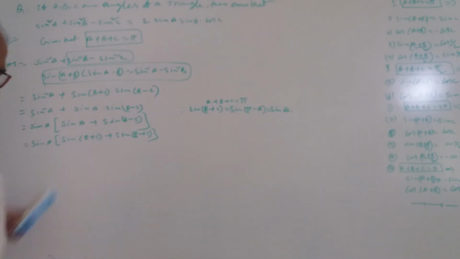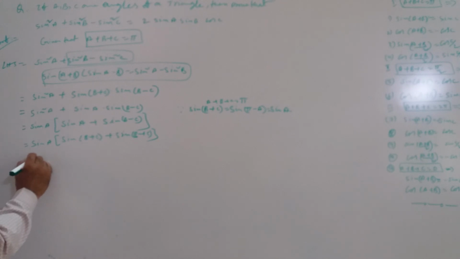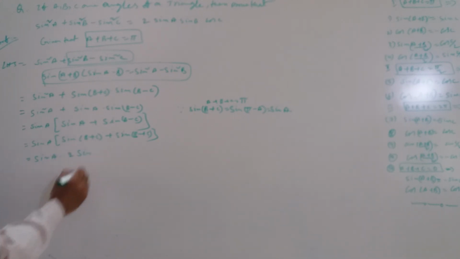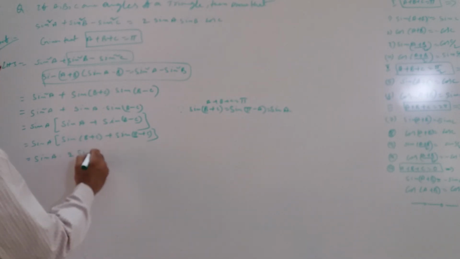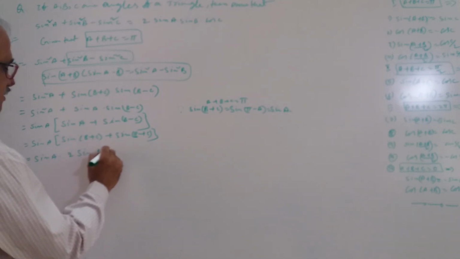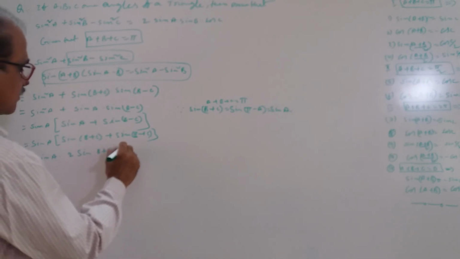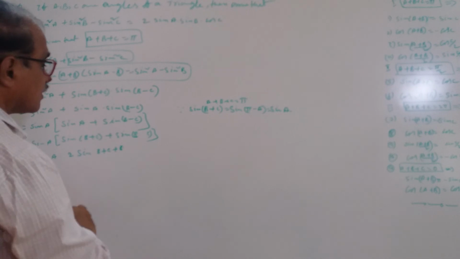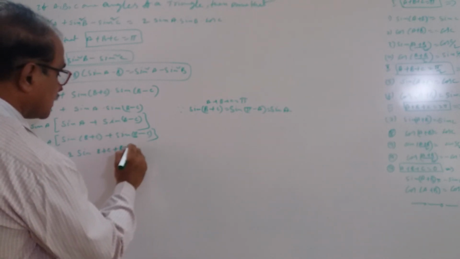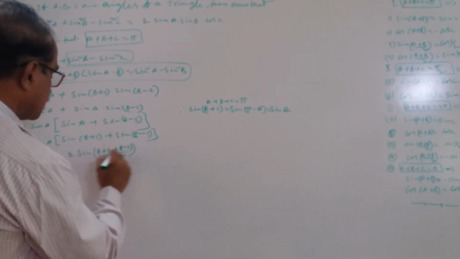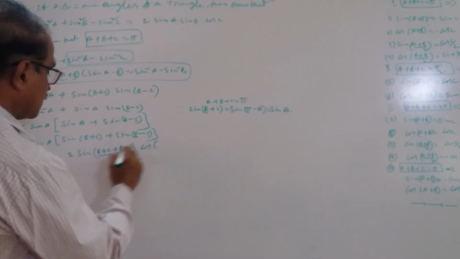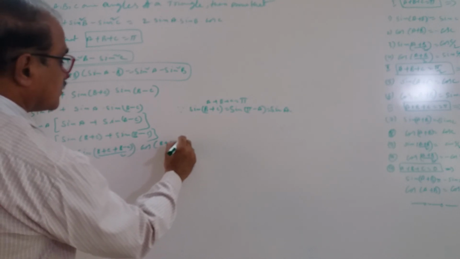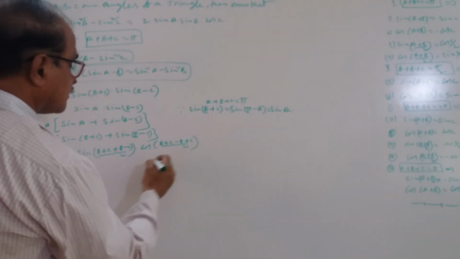It is in the form of sin C plus sin D. By using that formula, this can be written as sin A into 2 sin (C plus D) by 2 into cos (C minus D) by 2. That means sin of (B plus C plus B minus C) by 2 into cos of (B plus C minus B plus C) by 2.